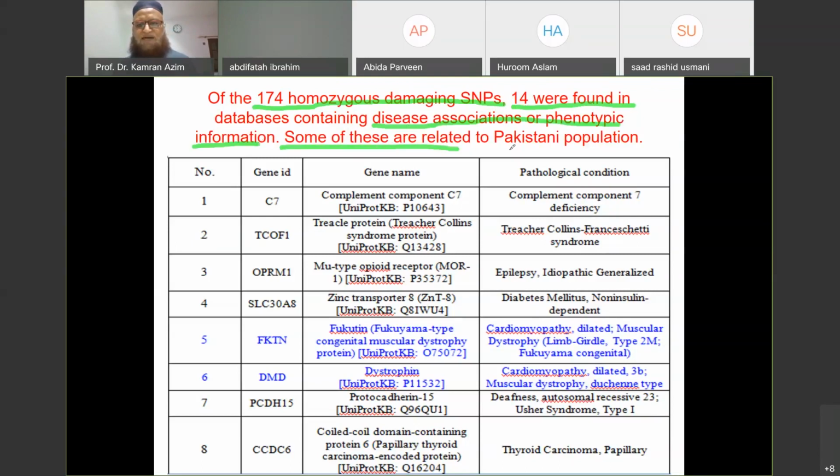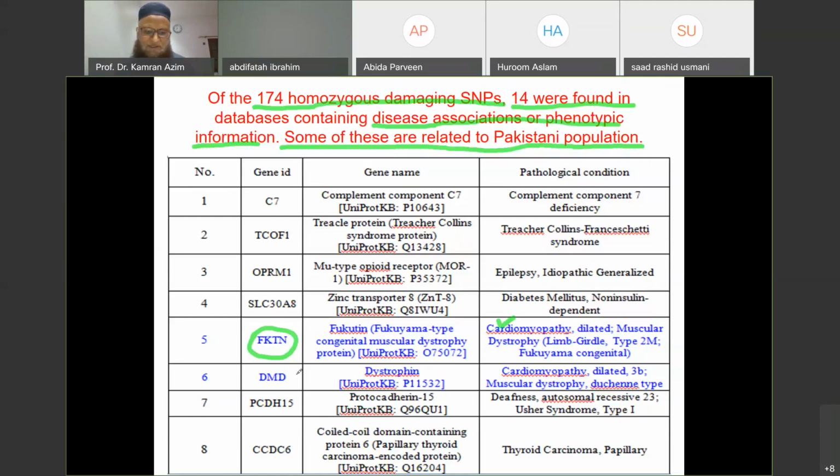Some of these related to the Pakistani population as well, previously known to be reported from Pakistani individuals. For example, this gene, the fucotin gene, is involved in cardiomyopathy, a cardiovascular disease.